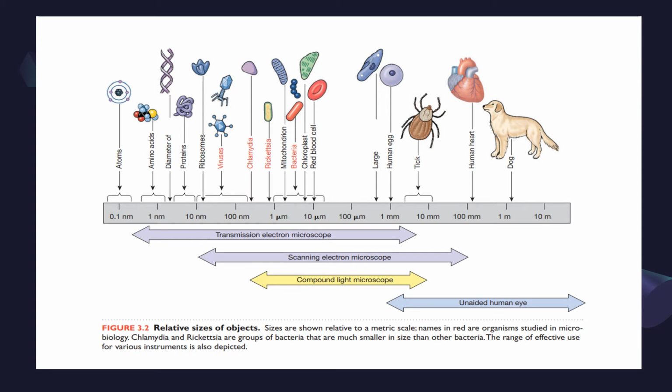This slide again talks about the significance of microscope. Do not just worry about these units. We're going to talk about the units later on. But see here, with unaided eye you can see, I'm sorry, you can see till here, like the ticks, human heart. If you take the human heart out of the body, you can see a dog. With compound microscope you can see bacterium and all.